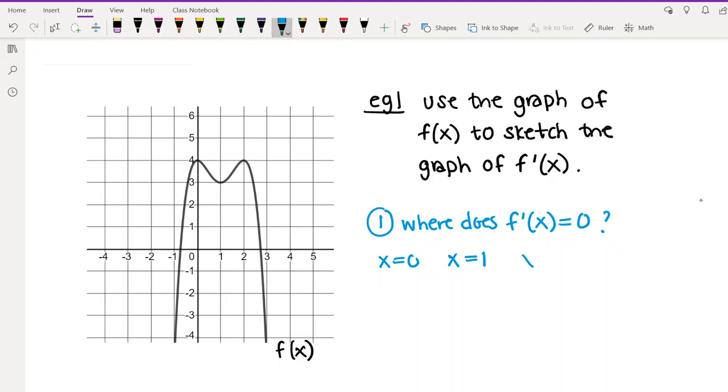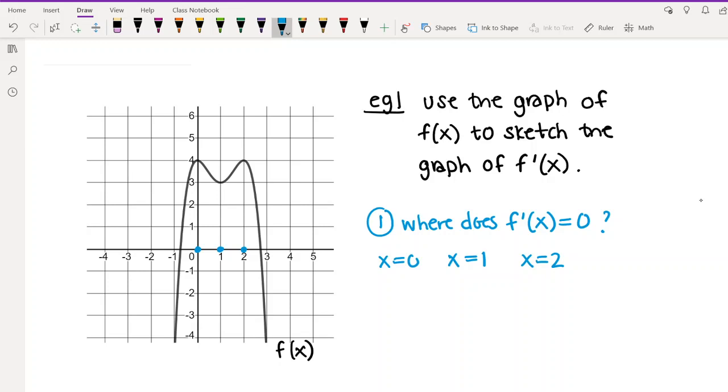And so what does that mean? What does that tell us about our derivative? That means that the derivative is going to go through a height of 0 at those x values, right? Because remember, the heights of the derivative function correspond to the slopes of the original function. Height of the derivative equals slope of the original. So if the slope of the original is 0, then the height of the derivative should be 0.